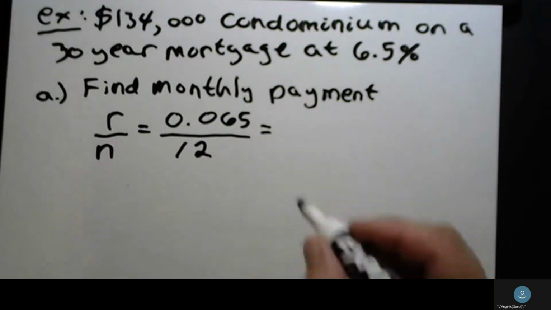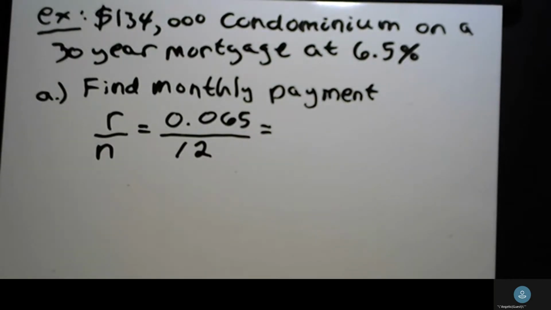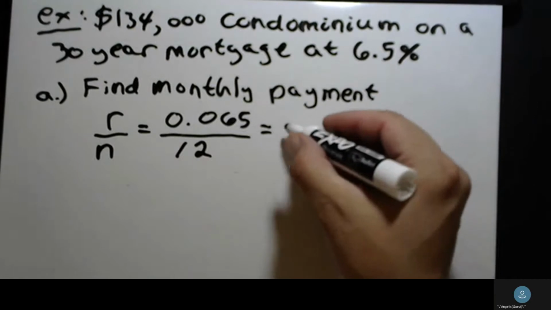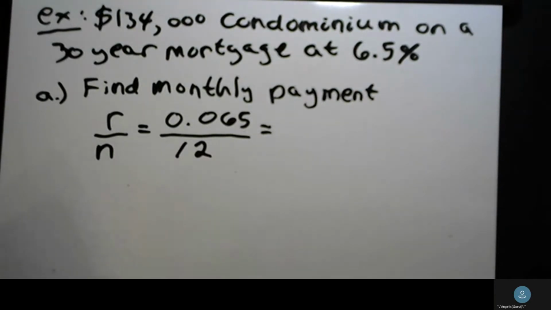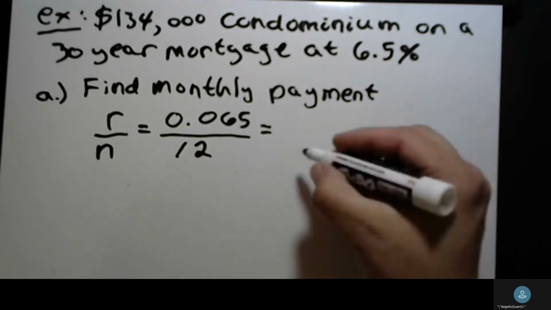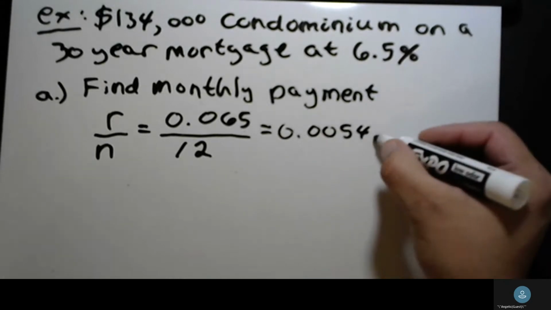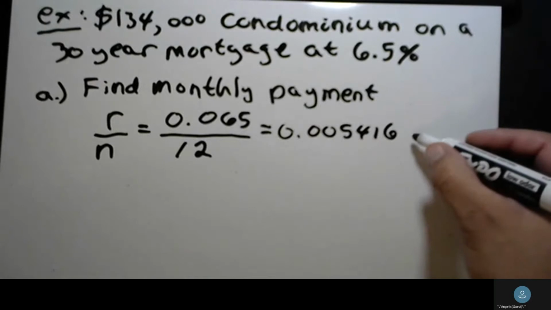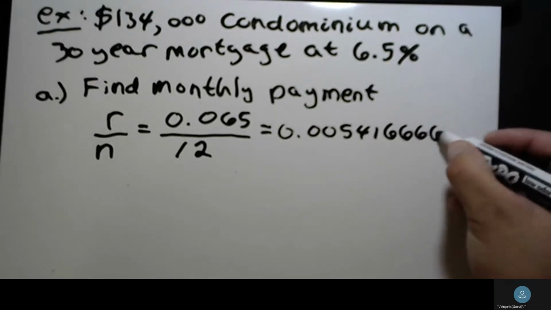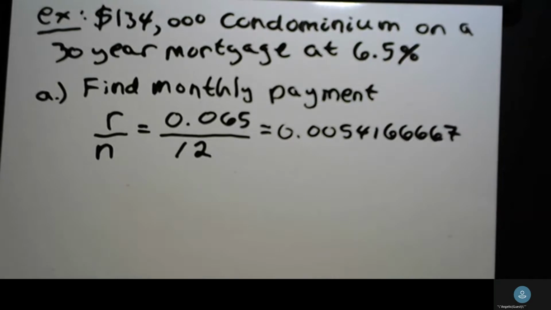And monthly payments means 12 times per year. If we calculate that, let me put this in my calculator. Let me get something like that.